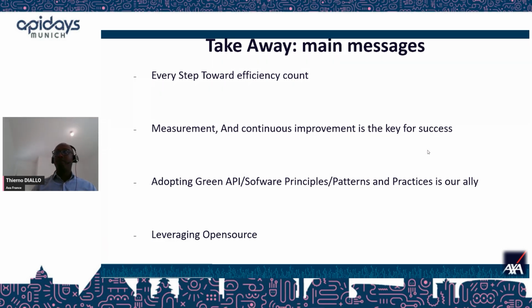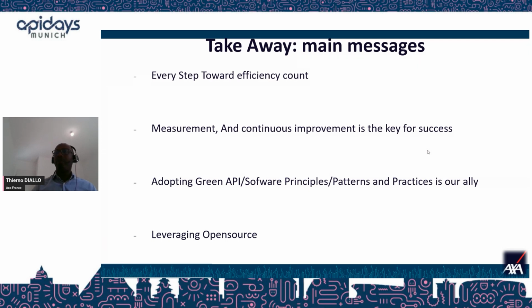And adopting Green API and green software principles, patterns, and practices is our ally. It's not the only one, but it's our ally. We have to use them. But if we have other things more relevant, more important, more interesting, we can use those too. And leverage the open source communities for tools and best practices.